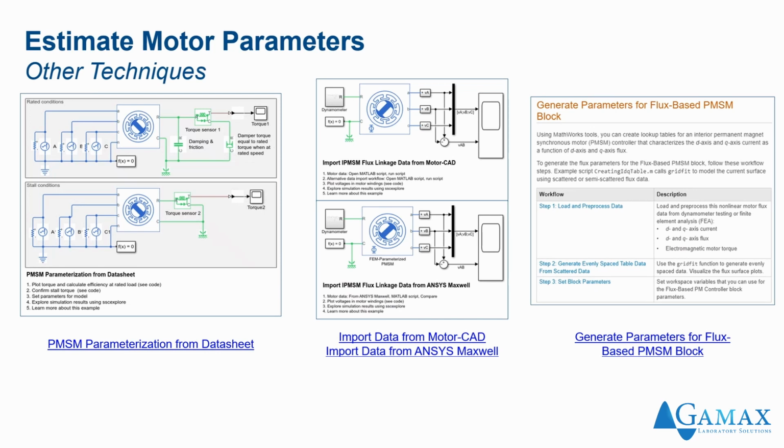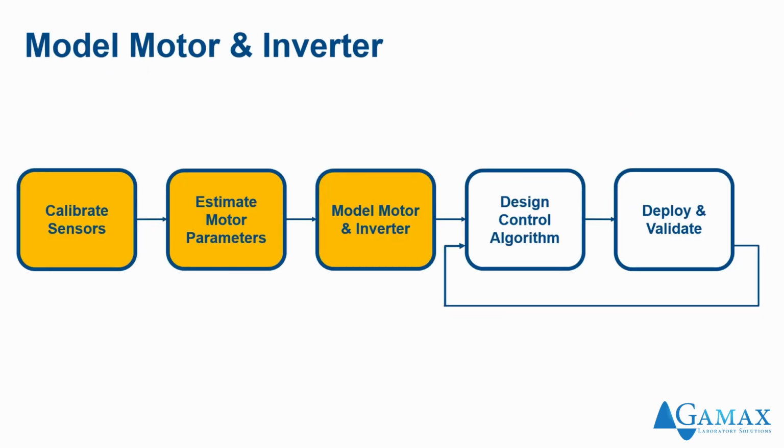In that case, we can also import motor parameters from a datasheet, parameterize our motor from finite element analysis tools such as JMAG or ANSYS Maxwell, or from dyno data as well. There are examples and capabilities using Simscape Electrical, and other products can help you do that, like Powertrain Blockset for the dyno example. Now that we have our motor parameters, we can model the motor and inverter dynamics.